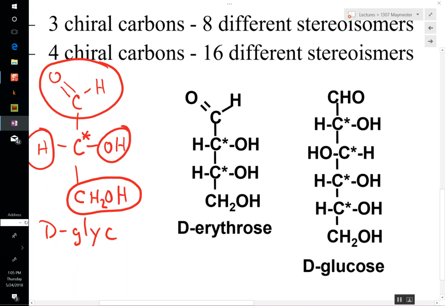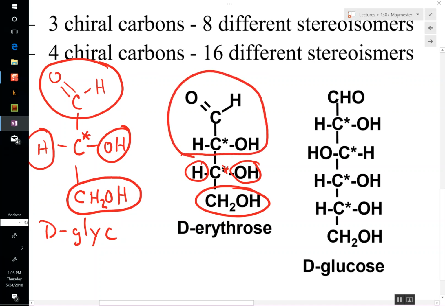Now take a look at D-erythrose. This carbon here is chiral. It has a CH2OH group here, and this thing is different from that. It's not a CH2OH, it's something else. That is not superimposable on that. So that's a chiral carbon. If you went up here, you would find the same thing. Let me put these in squares.